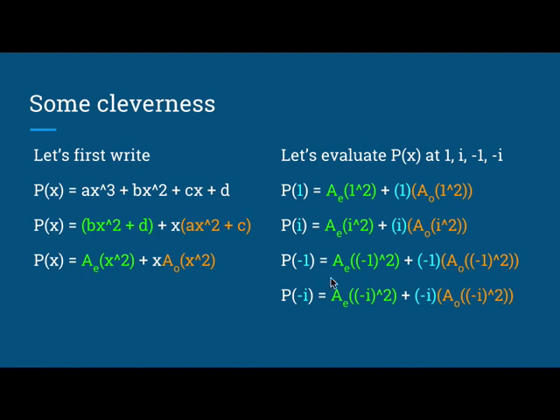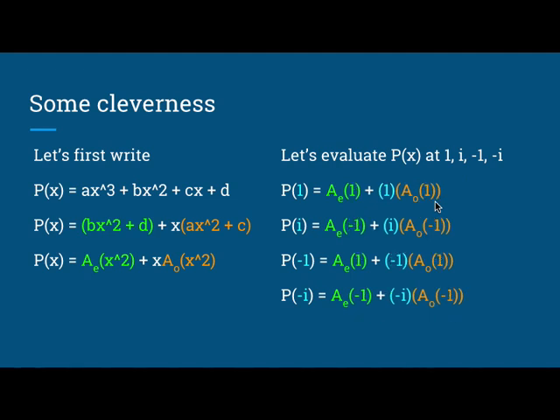But you see what's happening? These 4 blue ones are the 4th roots of unity, and I'm squaring them inside here. When I square the 4th roots of unity, what roots of unity do I get? The second roots. Aha. When we simplify this, we get AE of 1, AO of 1, AE of minus 1, AO of minus 1, and then repeat it.